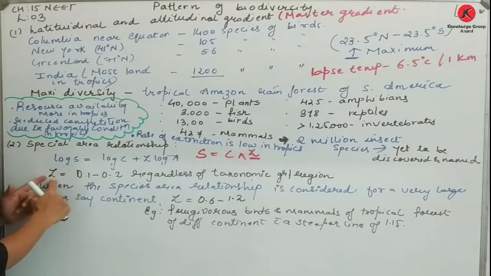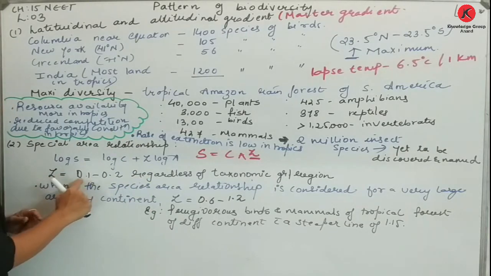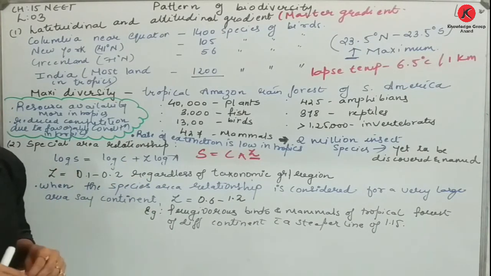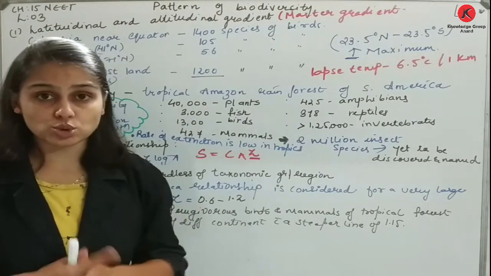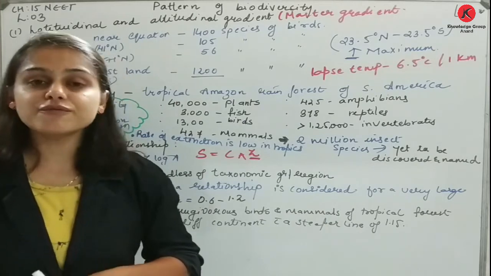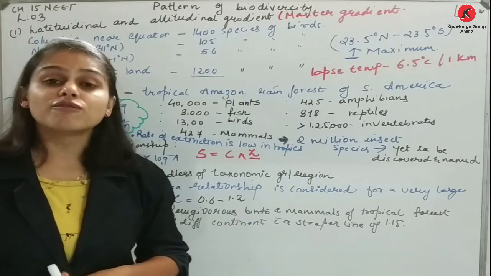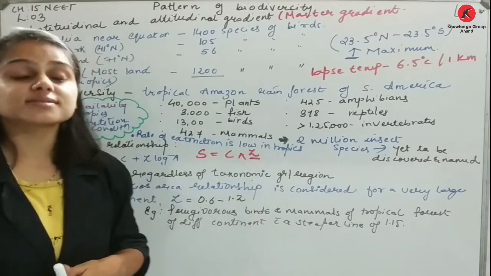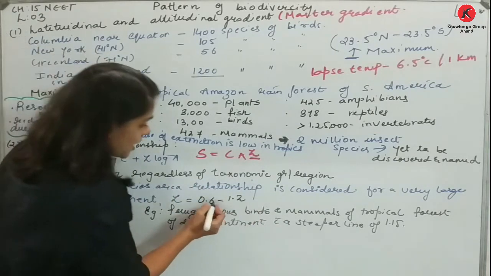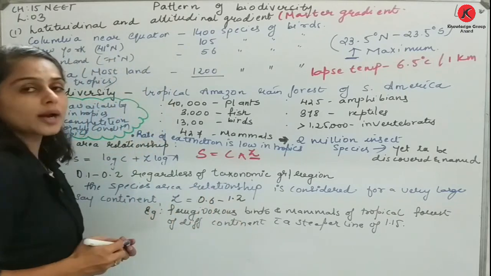It turns out to be 0.1 to 0.2. Am I clear? But if we are doing the same for larger areas, the value of Z turns out to be 0.6 to 1.2.